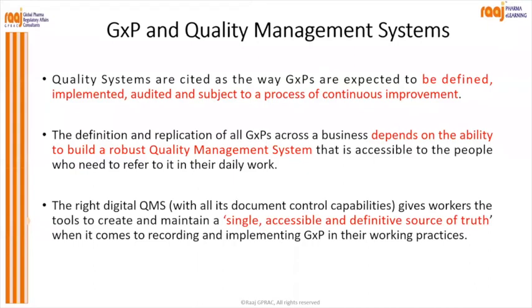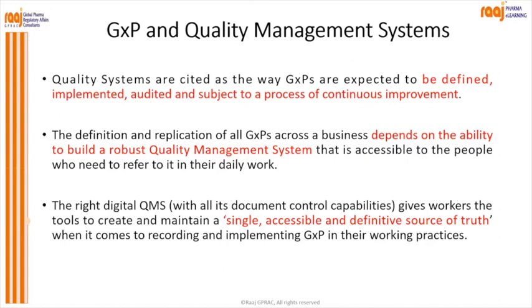So build a system that runs continuously in the absence of people as well. That is how the dependability on people becomes less when you are able to build a robust quality management system.